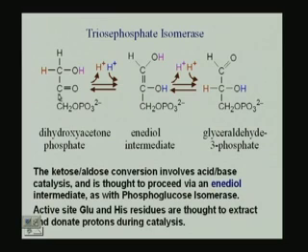We are talking of a ketose, right? When we have the glyceraldehyde 3-phosphate, we are talking of an aldehyde, right? So there has to be an enediol intermediate that is going to take you from the ketose to the aldehyde.